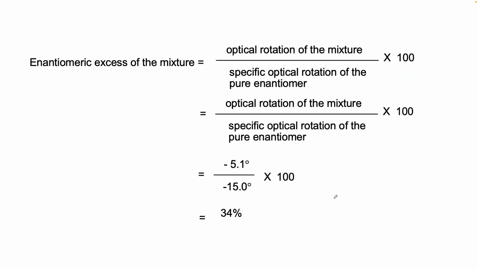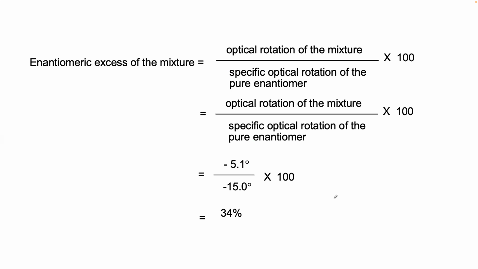In this case, we don't know the number of moles; nothing is given. Only the specific rotations and the optical rotation of the mixture are given. So when you calculate the enantiomeric excess or the optical purity this way, they're the same.